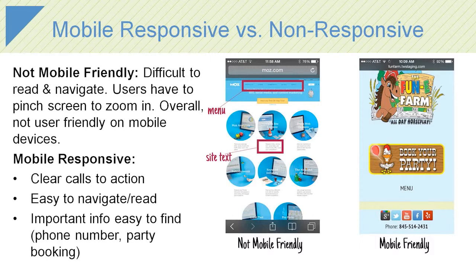You want them, when they first land on your website, to be able to find all the key navigation opportunities, the phone number, your party booking button, those calls to action to make people take that next step and call you up, email you, follow you on Facebook, book a party. And this really is a visual representation of how clear the difference is.